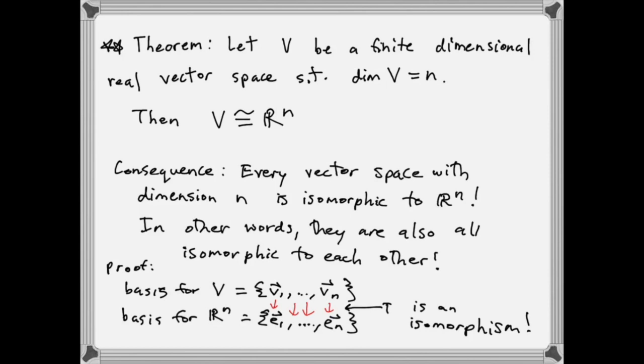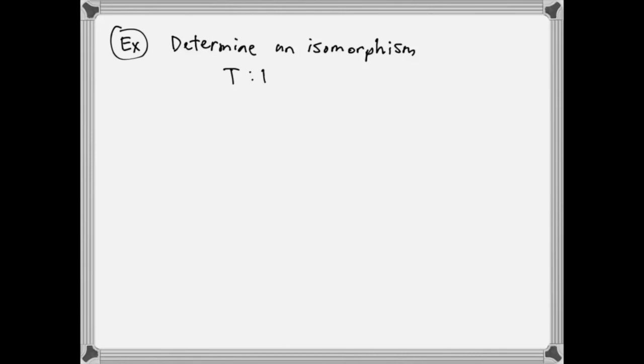Let's do a couple of examples, okay? Example: determine an isomorphism T which goes from R3 to P2R.